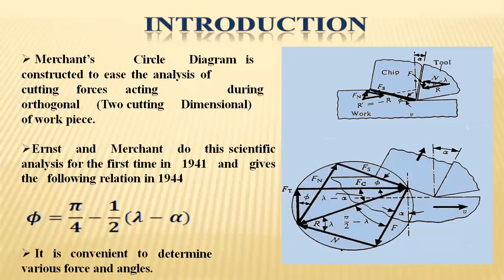The scientists Ernst and Merchant did this scientific analysis in 1941 and gave the relation between the work part and the tool, to analyze the forces required for machining the work part with respect to the chosen tool: the inclination phi is equal to pi by 4 minus half of lambda minus alpha, where alpha represents the cutting angle and lambda is the inclination of the orthogonal cutting ratio.